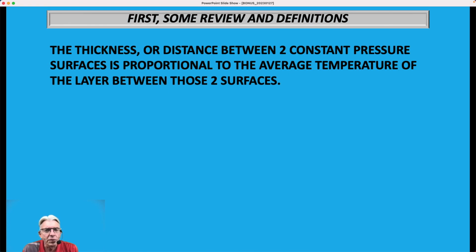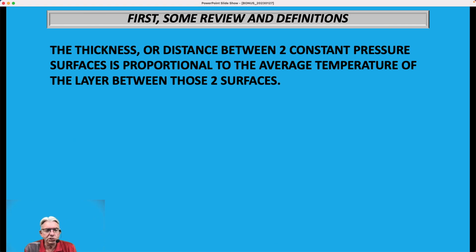The thickness is the distance between two constant pressure surfaces. If you imagine a layer or a surface where everywhere along that surface it has the same pressure, it's not going to be flat, it's going to be undulating like this, okay? But everywhere along that surface the pressure is exactly the same.